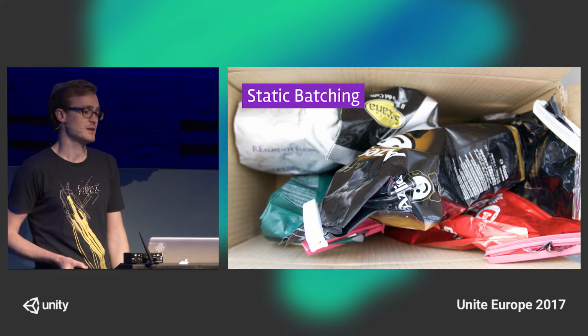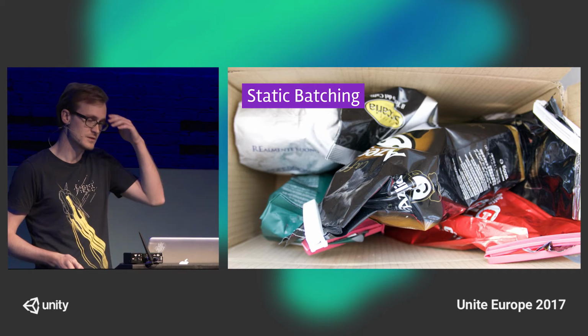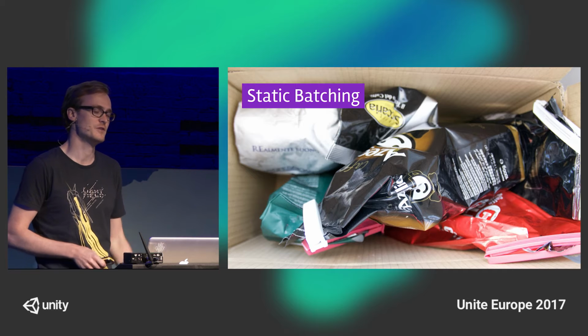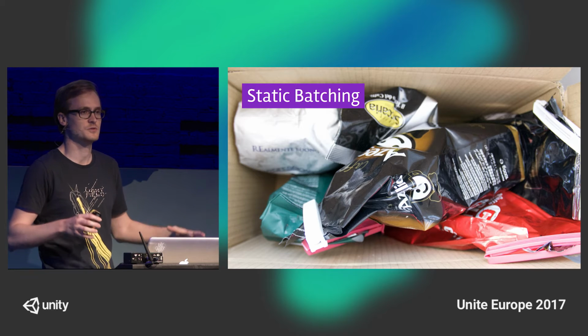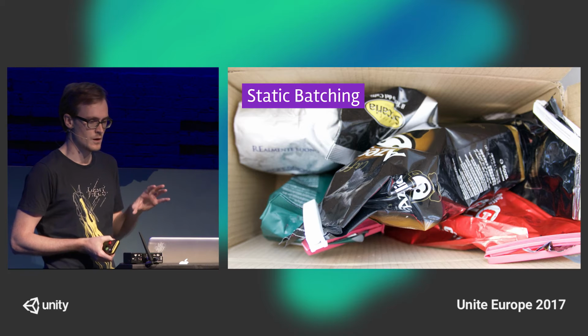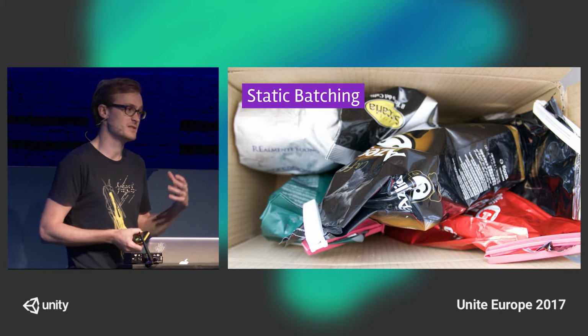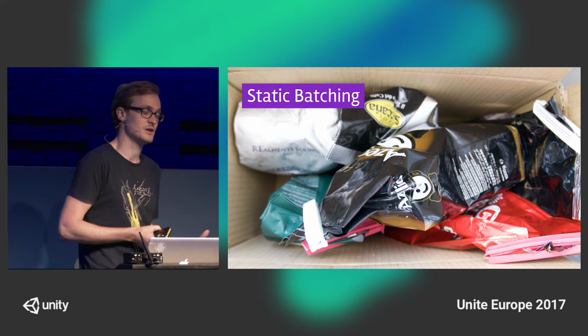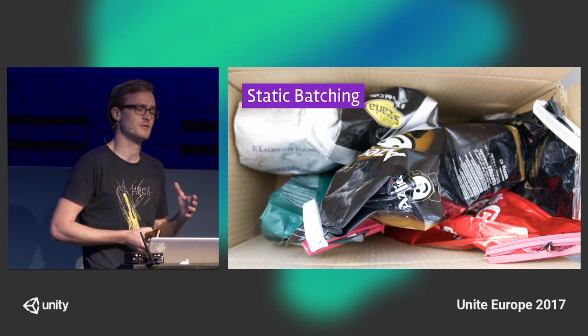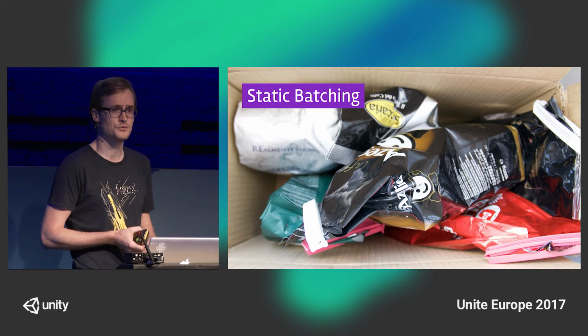Another thing is static batching. Static batching, or batching in general, since we're also going to consoles, is very important for us to keep the number of draw calls down. From the very beginning, we set up the game and the art style in a way that it fits together naturally, that we have a fairly low poly count.